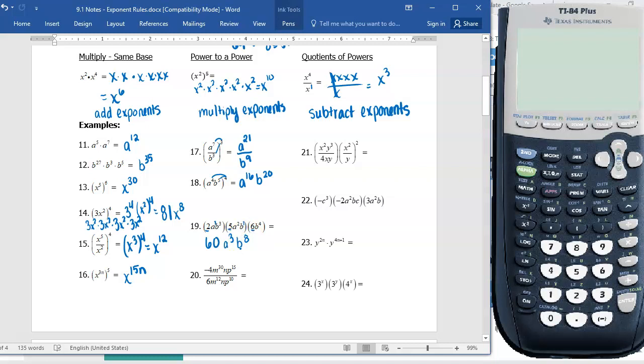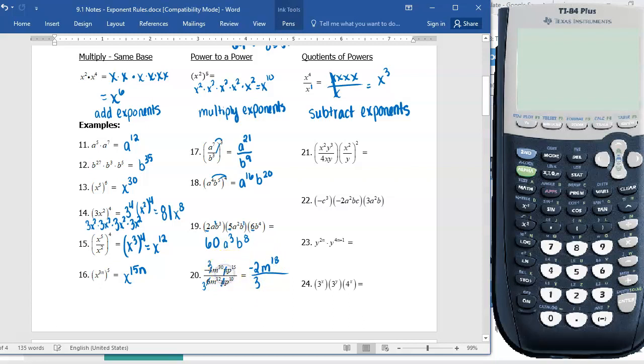Okay, for number 20, we're going to take our coefficients and we're going to reduce them. So I could divide both of these by 2. I'd get negative 2 on top and 3 on bottom. For my m's, I've got 30 and 12, so I'm going to subtract those. That is going to give me m to the 18th on top.